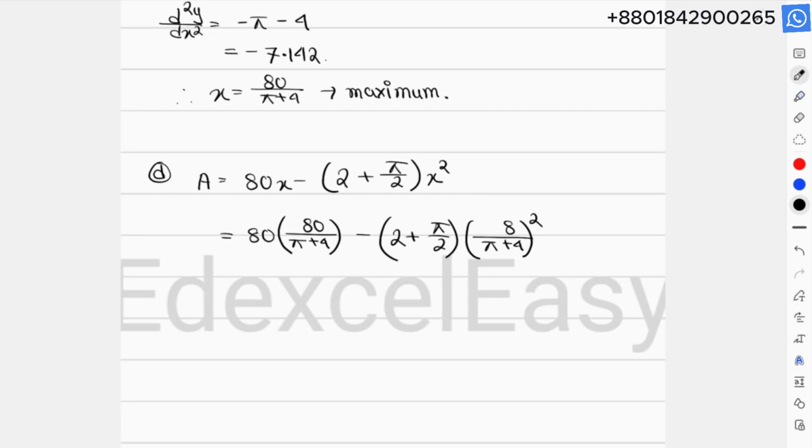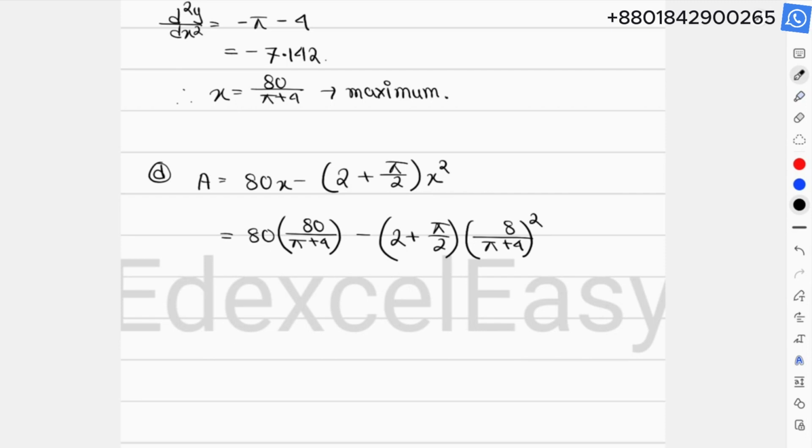Okay, which is going to be 80 times 80 divided by pi plus 4, minus 2 plus pi by 2, which again gets multiplied with 80 over pi plus 4 whole squared.